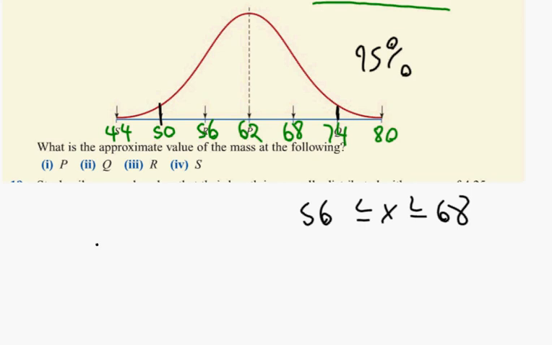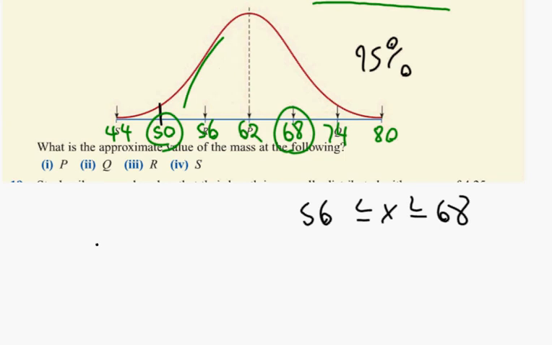Now, if I want to make this a bit harder, and if I was really trying to test who's who, what I'd do is this one here. I'd ask you what is in between 68 and 50. Now let me show you how to do this one. Okay? You said that in between here and here, and if it was the same on the other side, it'd be 95%, right?